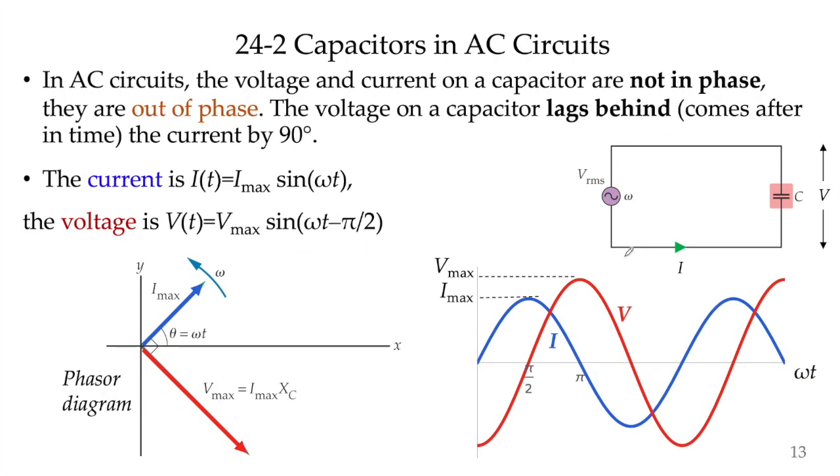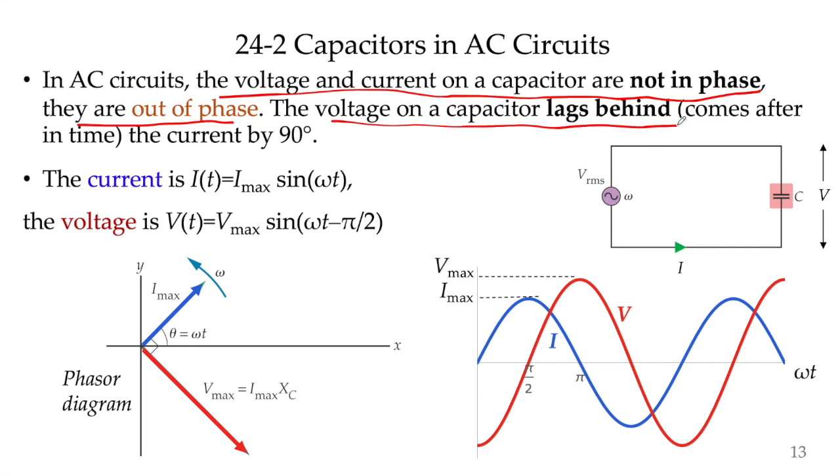Now what happens to the current and the voltage in AC circuits? In AC circuits, the voltage and the current on the capacitor are not in phase. They are out of phase. The voltage on the capacitor lags behind.